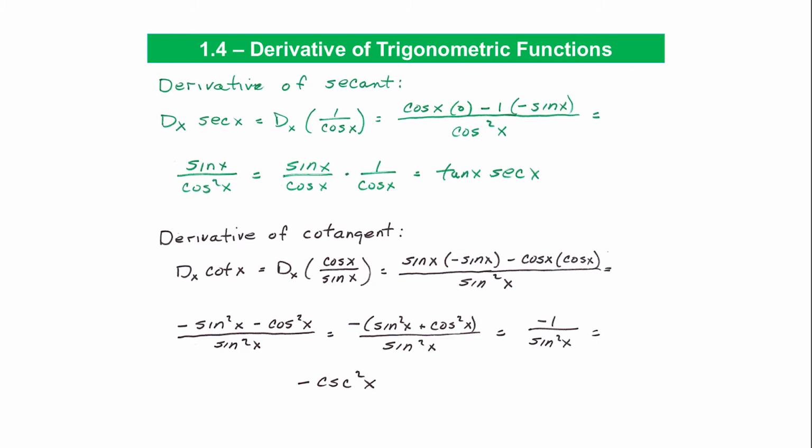Now we go into the derivative of cotangent. Cotangent is cos divided by sine.